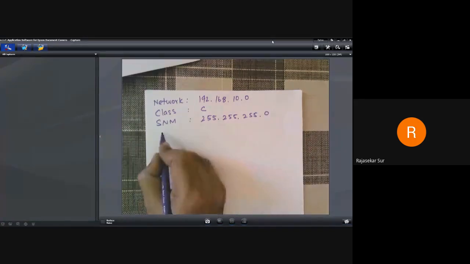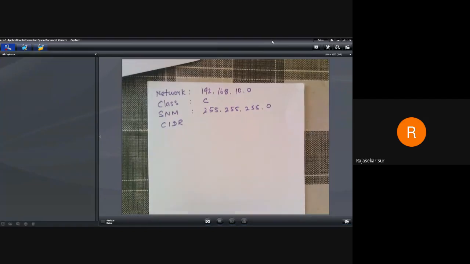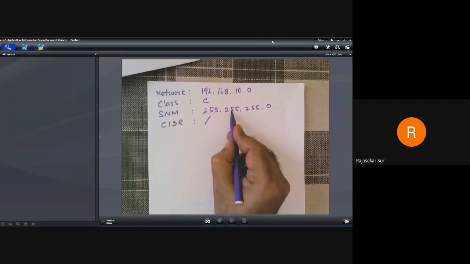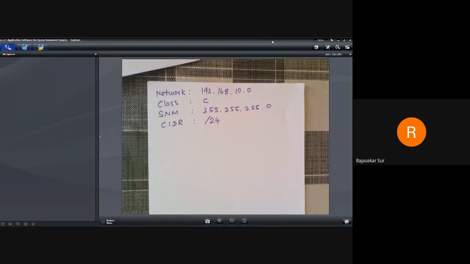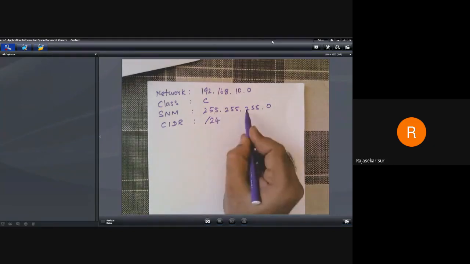What is the CIDR value? The CIDR value is 8 plus 8 plus 8, which is 24. So /24. That is the CIDR value, because 3 octets are taken for the network.